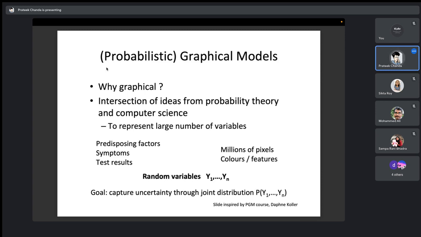So our goal is actually to capture the uncertainty through the joint distribution. So let's say each pixel I denote as y1, y2, up till yn. So let's say the entire image consists of n pixels, and each of them is indicated as y1 to yn. And now what I want to do is capture the joint distribution, probability of y1 up till yn, and that's my uncertainty.